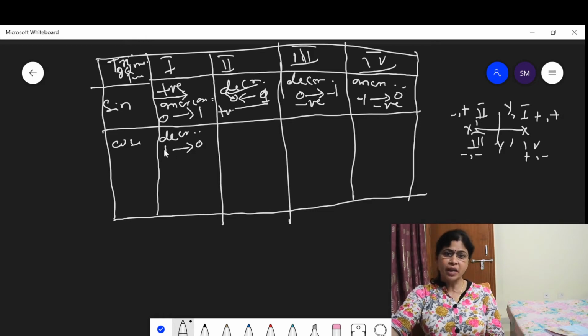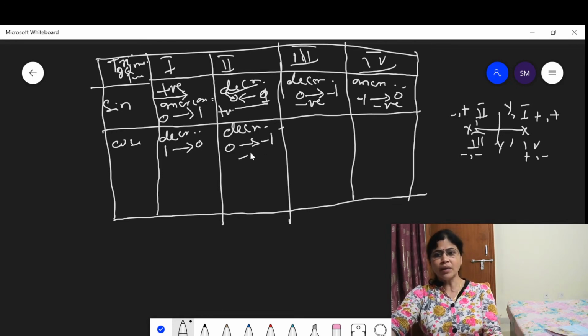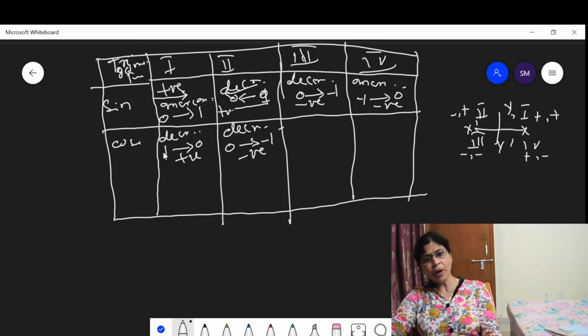In the second quadrant it is also decreasing, from 0 to minus 1, which means a negative value. The first quadrant cos is positive because it is decreasing from 1 to 0, but in the second quadrant it decreases from 0 to minus 1, which means a negative value.